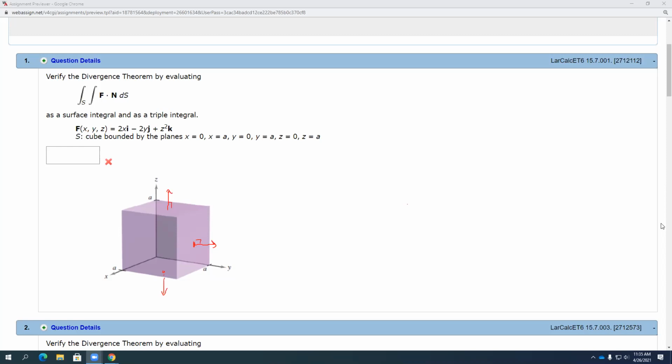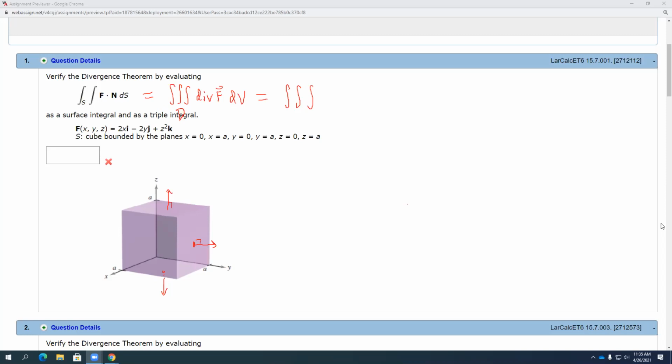Well, apparently, by the divergence theorem, this thing is equal to the triple integral over the solid bounded by that surface, divergence of f dV. Well, what is the divergence of f? What would I do to compute the divergence of f? Yeah, Jason.